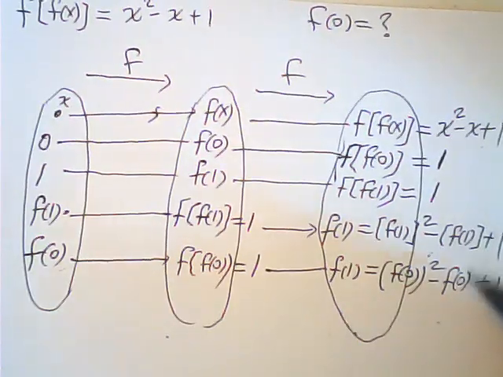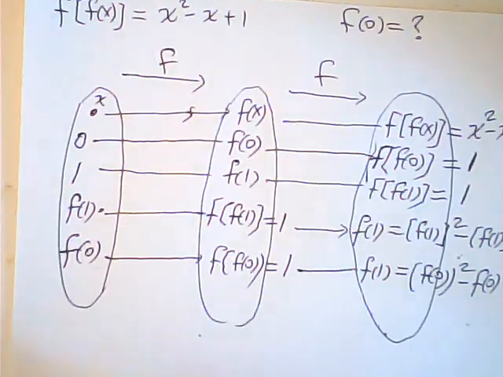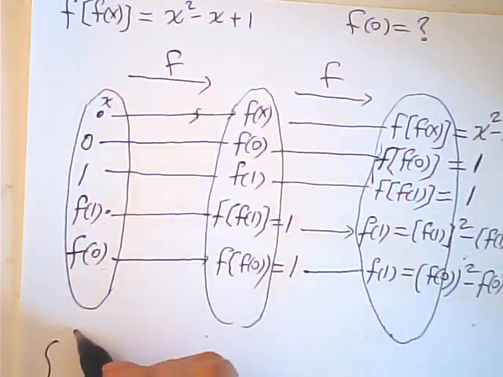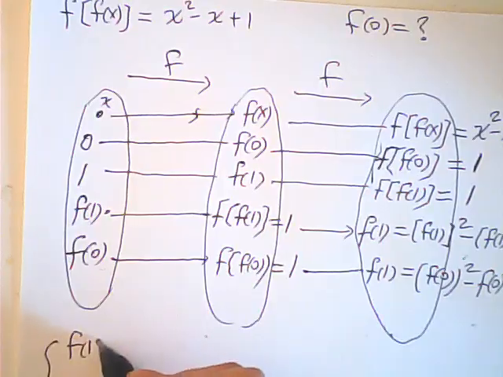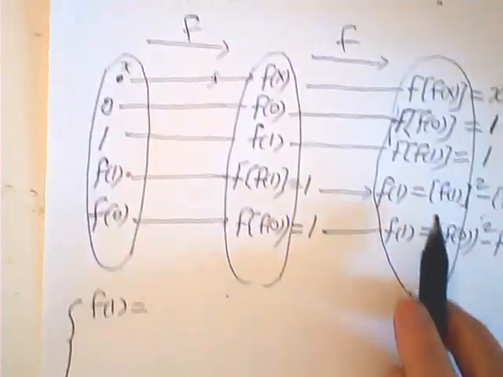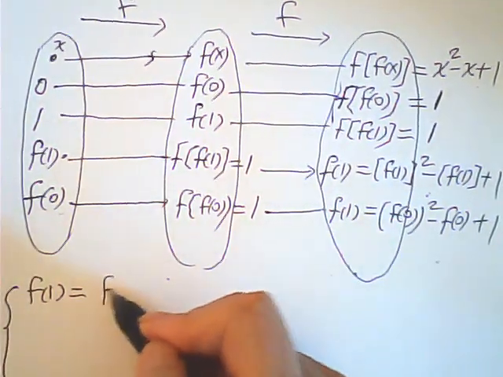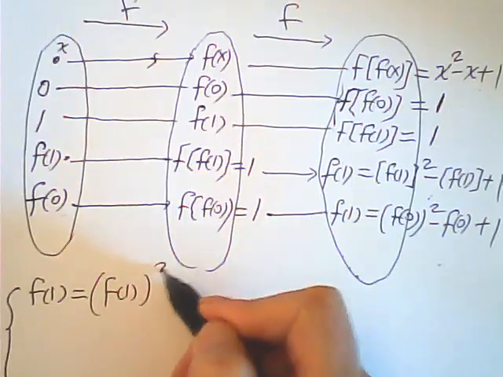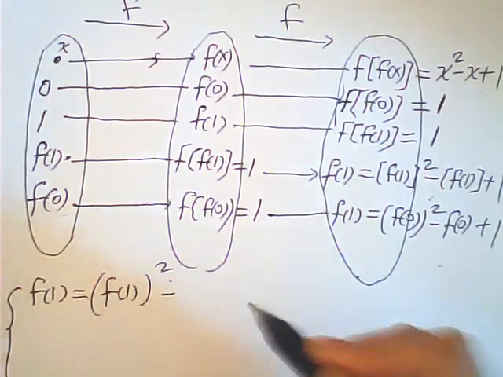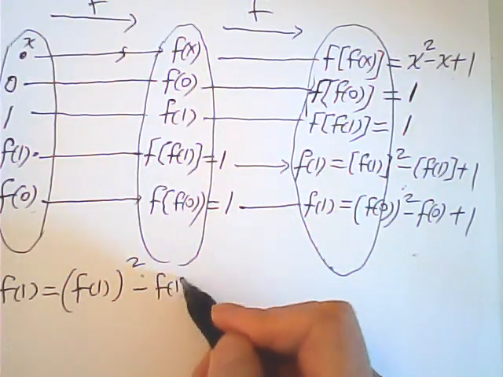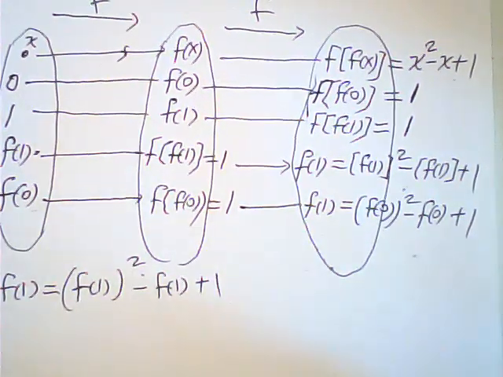Now, so we have two equations. The first equation is f(1) equal to f(f(1)) squared minus f(f(1)) plus 1.